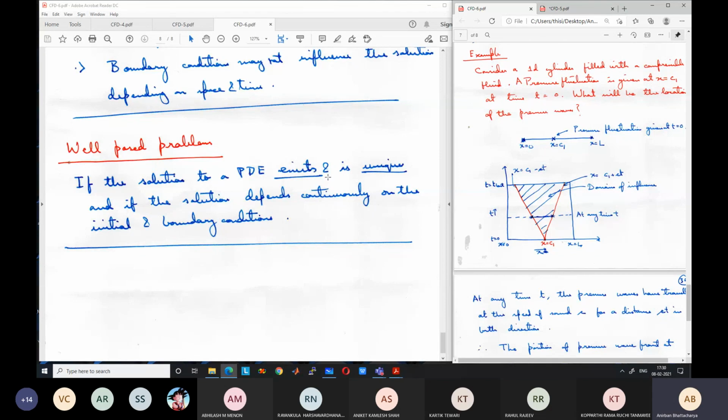But if the solution exists and is unique, and if the solution depends continuously on the initial and boundary conditions, so that if they change the solution changes without any direct jump, then the problem is known as a well-posed problem in CFD.